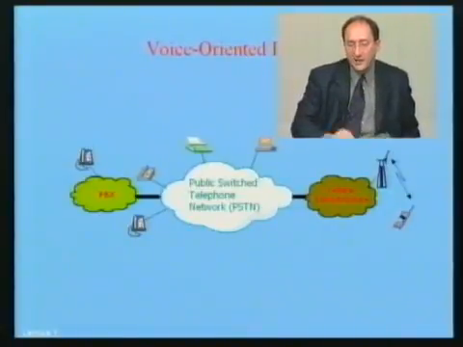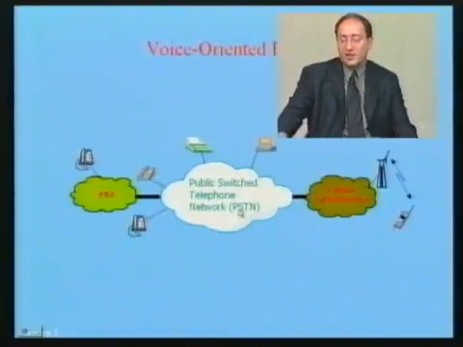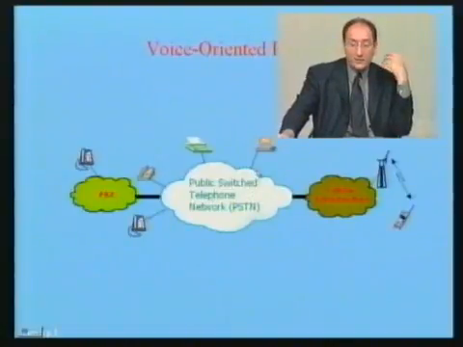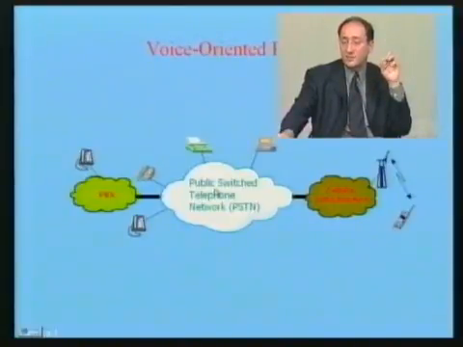But anyways, today the voice-oriented public switch telephone network, which we call PSTN, consists of circuit switches inside and is also digital inside. Digital in the sense that each telephone conversation is encoded to 64 kilobits per second. That's called the speech coding rate.